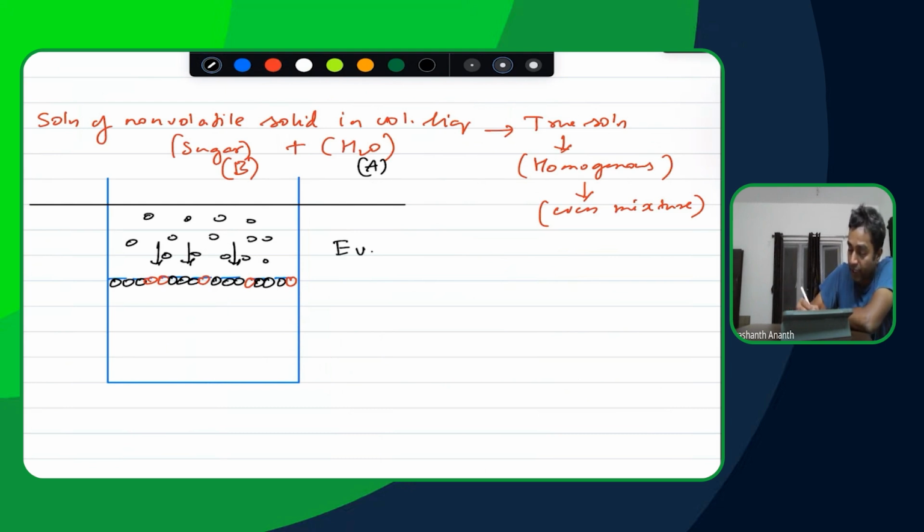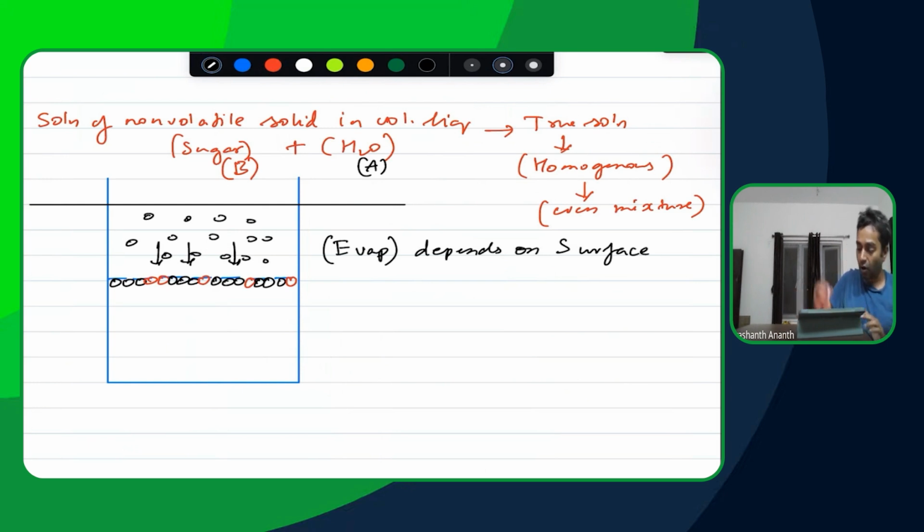which was very much necessary for creation of water molecules in the vapor phase, is dependent on the surface because it is a surface phenomenon. It happens based on the amount of surface it is occupying. And vapor pressure is also a surface phenomenon.